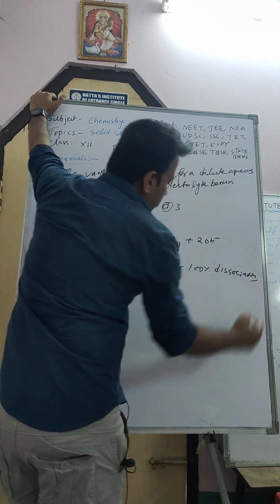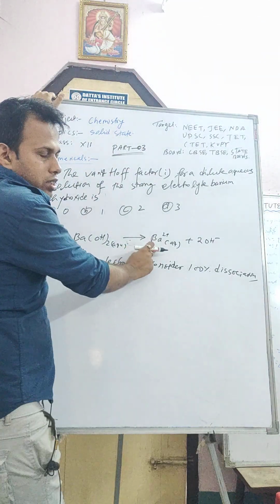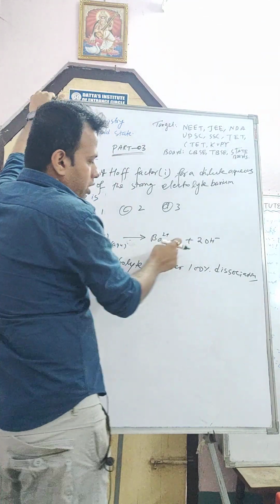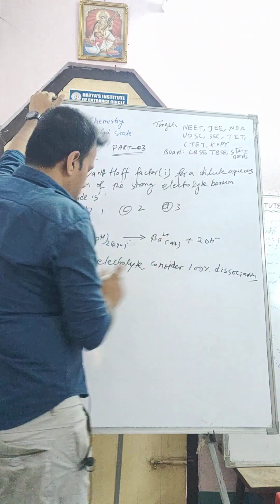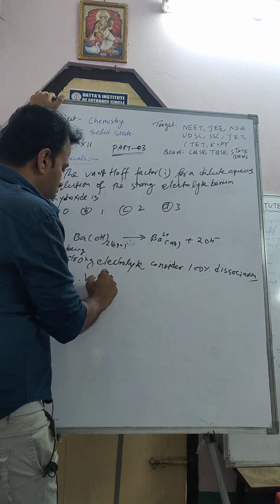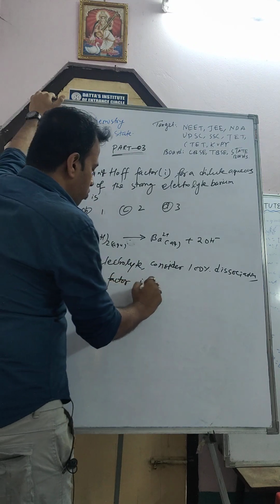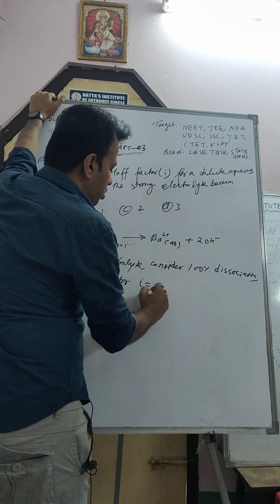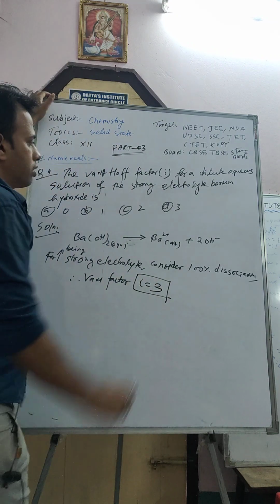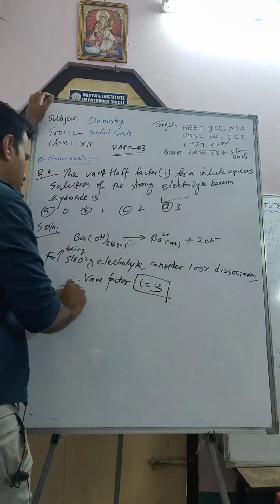So for 100% dissociation, there is one positive ion and there are two negative ions. So the van't Hoff factor i will be 3. So option D is correct. Option D is the correct answer.